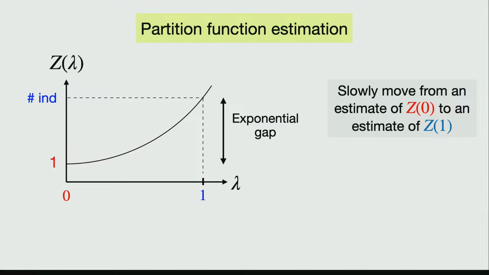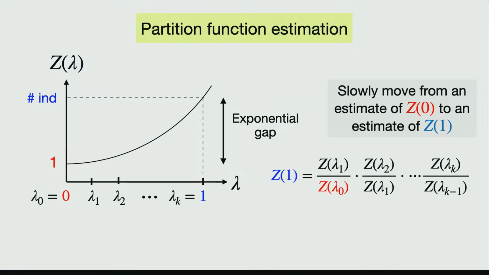This is based on using a simulated annealing approach, and this is how it is done in practice. So what you do is you pick a sequence of intermediate fugacities that interpolate between the easy case and the case that you are interested in. And you can express the partition function at value 1 as a telescoping product of consecutive ratios of partition functions.